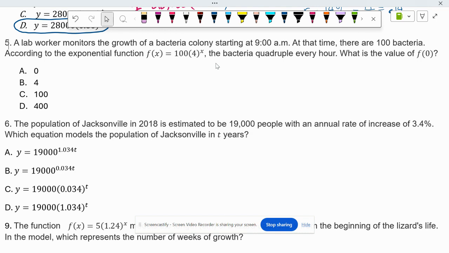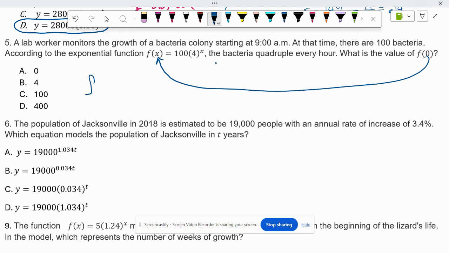What is that asking me to do? When it says f of 0, what does that mean? What am I replacing with a 0? X. I'm replacing x with 0.